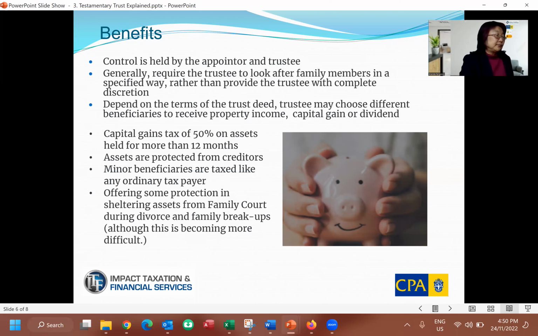And depending on the terms of the trust deed, the trustee may choose different beneficiaries to receive property income, capital gain, or dividend.